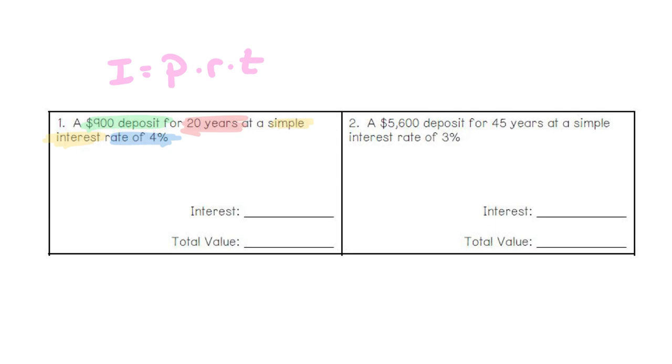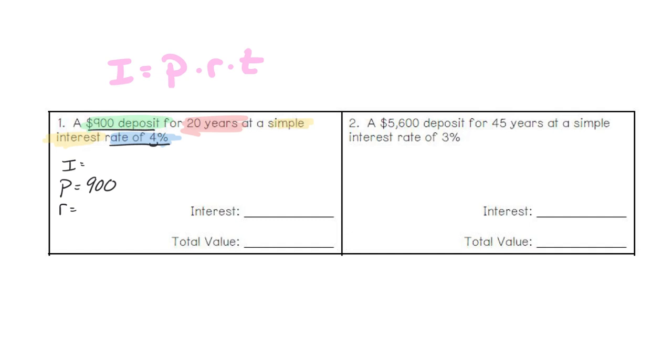So now let's take the information we have and write it out. So interest is what I'm looking for, so I don't know that. The principal is the starting amount, so right here it's 900. The rate is 4%, so 4% as a decimal.